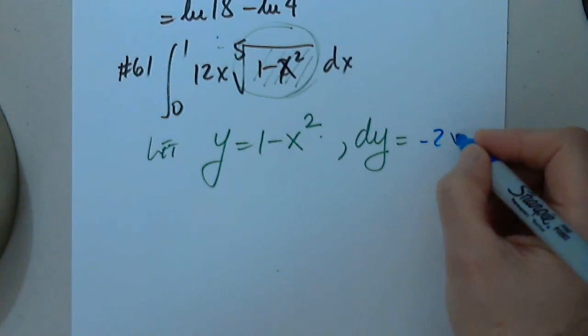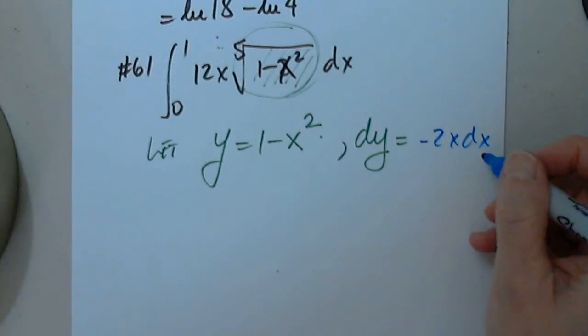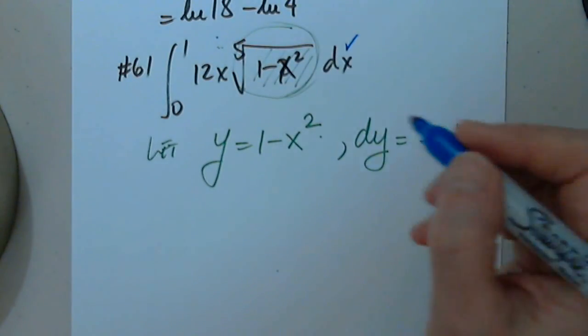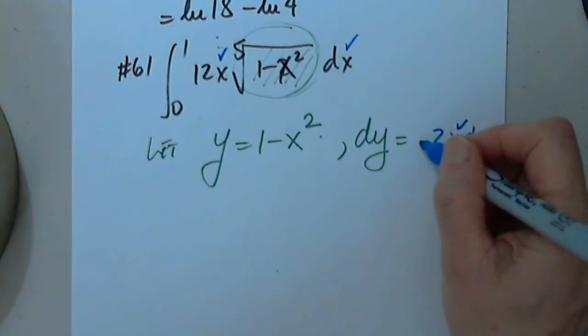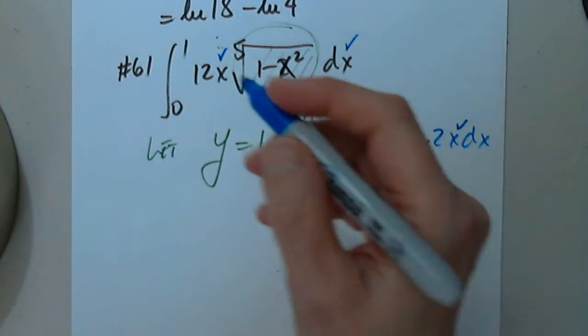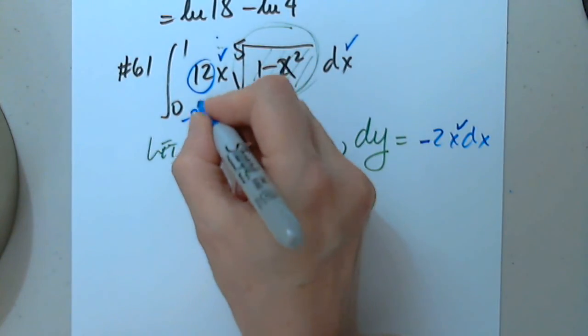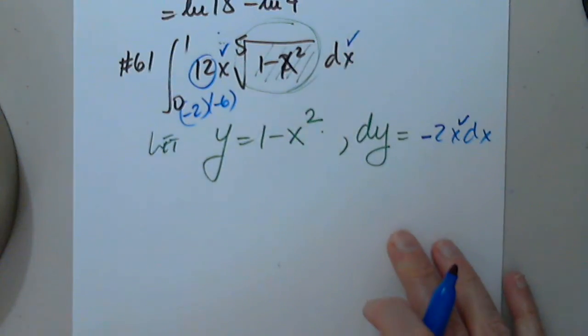Negative 2x dx. Excellent. Let's see. Do I have dx? Of course I have dx. Do I have x? Of course I have x. Do I have negative 2? Very easy. I can change this into negative 2 times negative 6. Not a big deal.